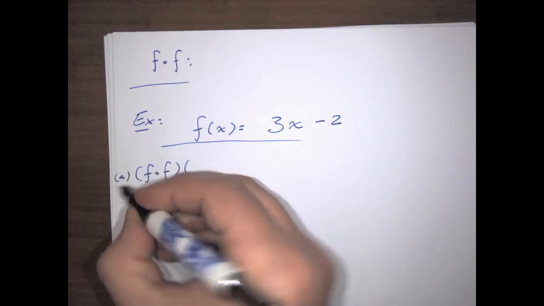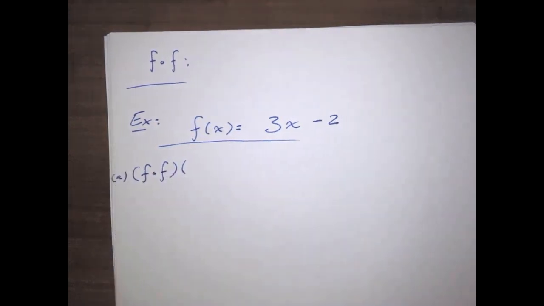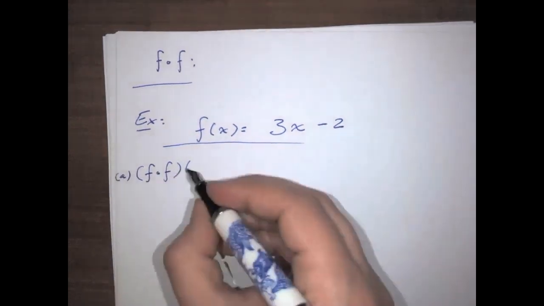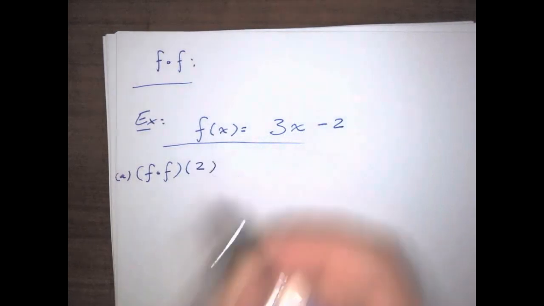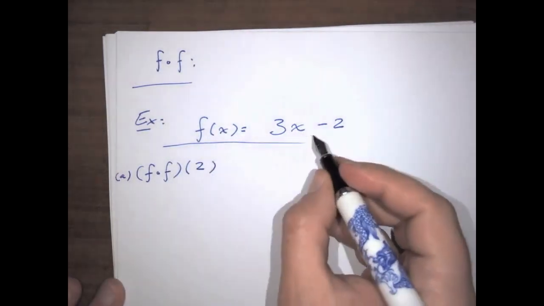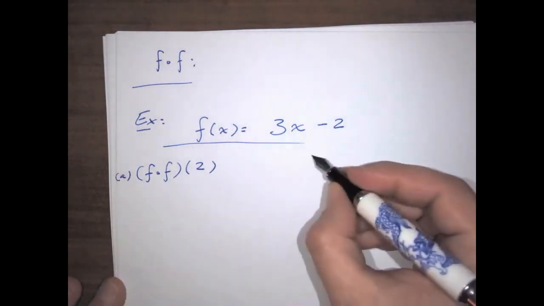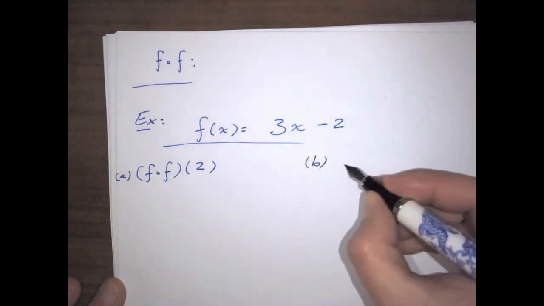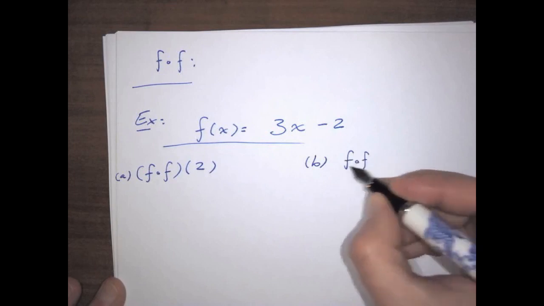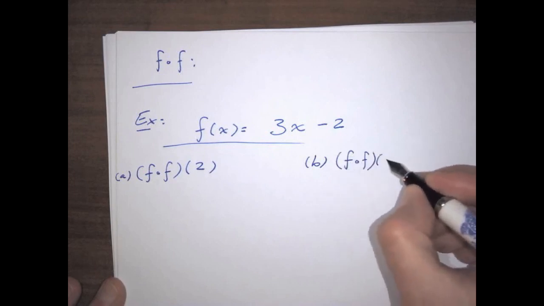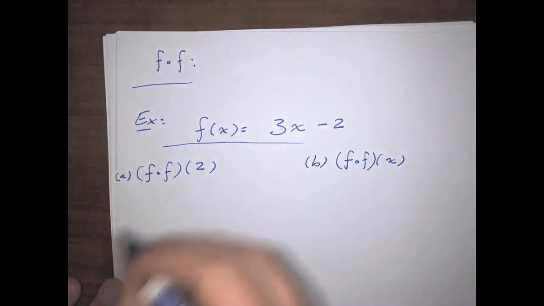So step A, say we want to find f composed with f at a value like 2. And then secondly, we could just want to find the actual formula for f composed with f as a function of x.